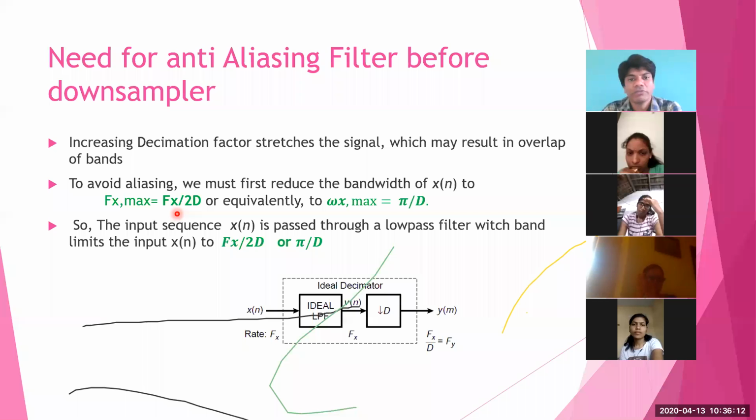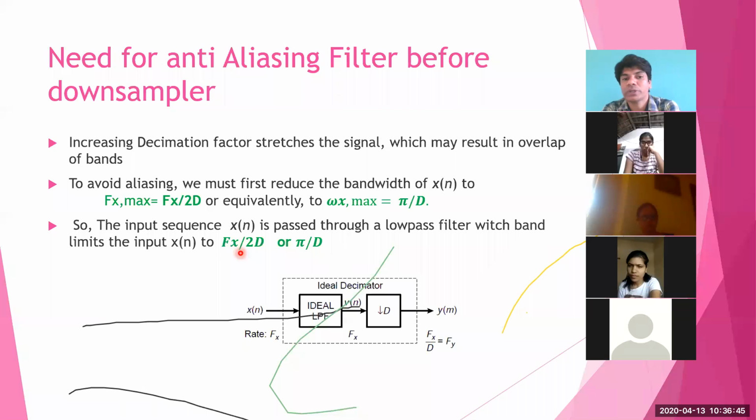Or if you want to talk in terms of normalized or digital frequency, the input frequency should not be more than pi by capital D. Another important thing we have to do is, just before the downsampler, include an ideal low-pass filter with the cutoff frequency Fx by 2D, or pi by D in digital terms.